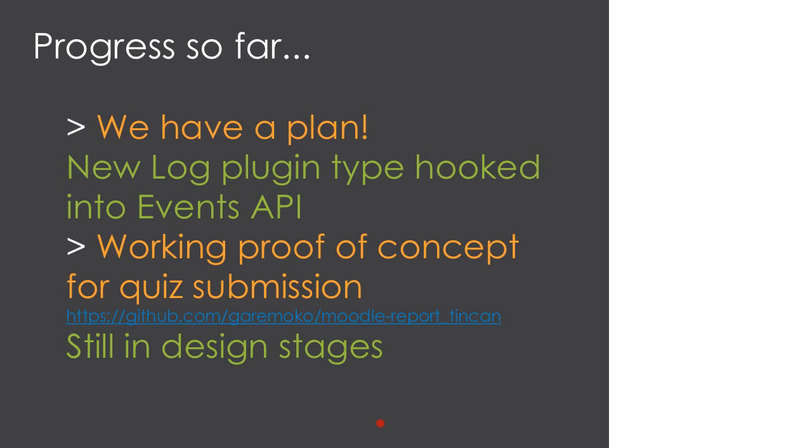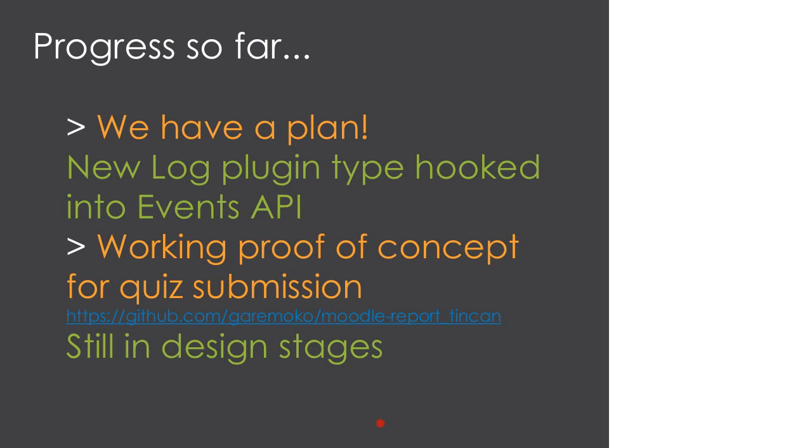There's a new plugin type called the log plugin, and it seems like that was designed specifically with Tin Can in mind. Obviously, the idea is that it can be used for other purposes as well. And that log plugin type can be used to hook into Moodle's events API and fire off data to external systems, such as an LRS. So we can use that plugin type.